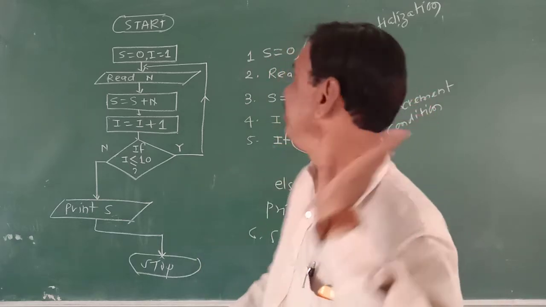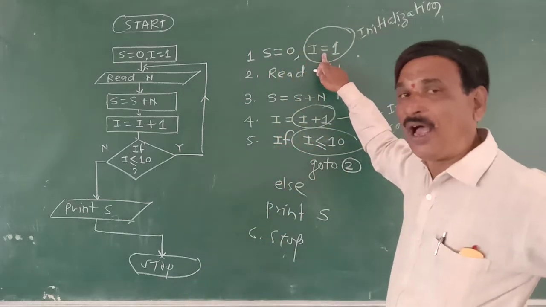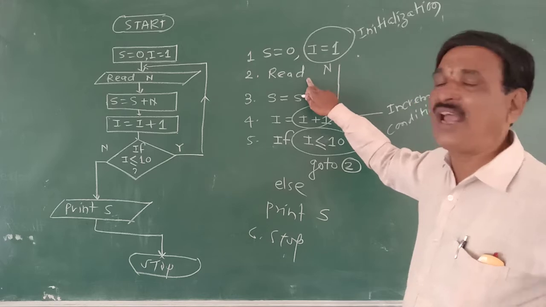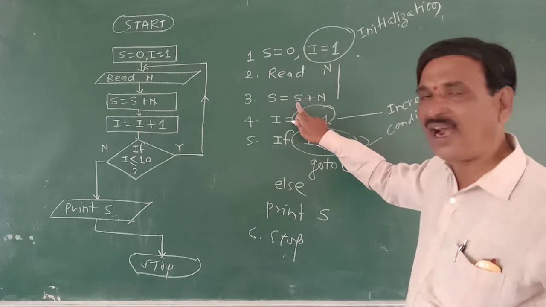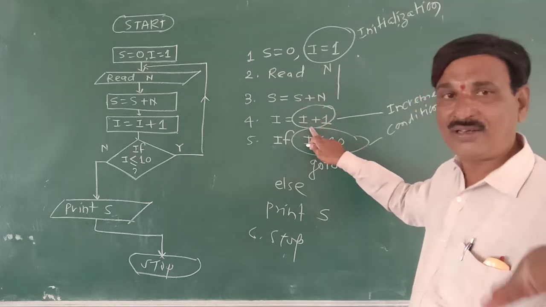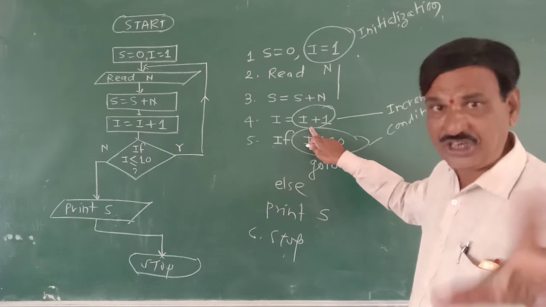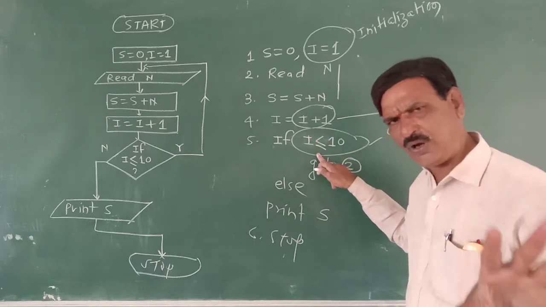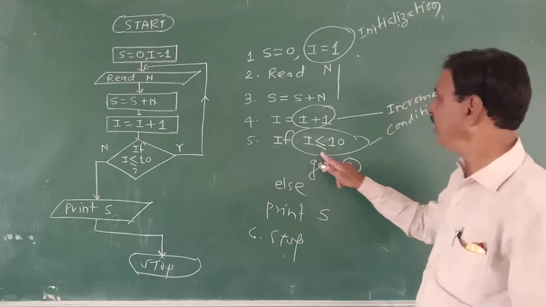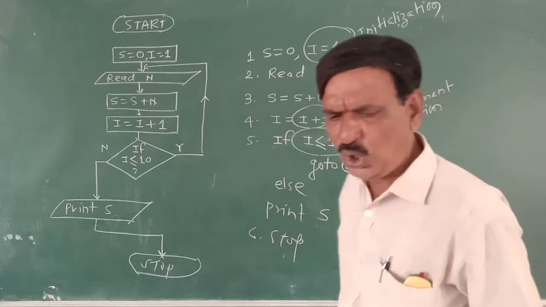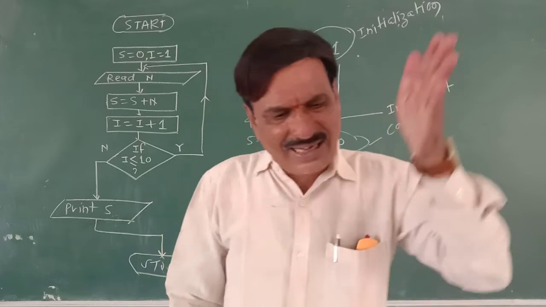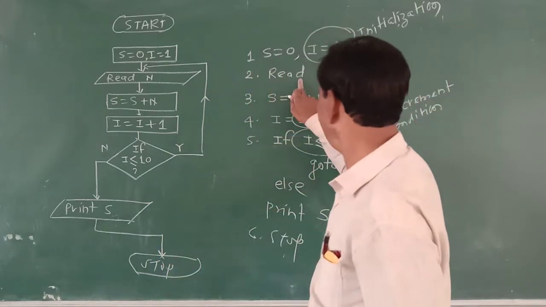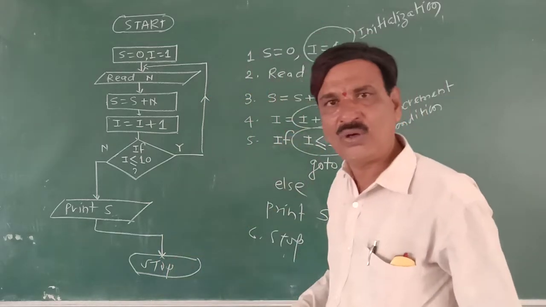But we require 3 things. Initialization of I to 1. After the activity of read n, add n, we increment the value of I by 1, the counter is incremented by 1. We check the condition whether I becomes smaller than or equal to 10. So, read n, add n.